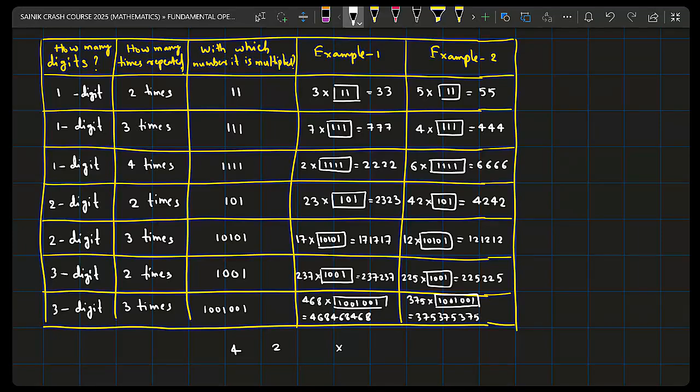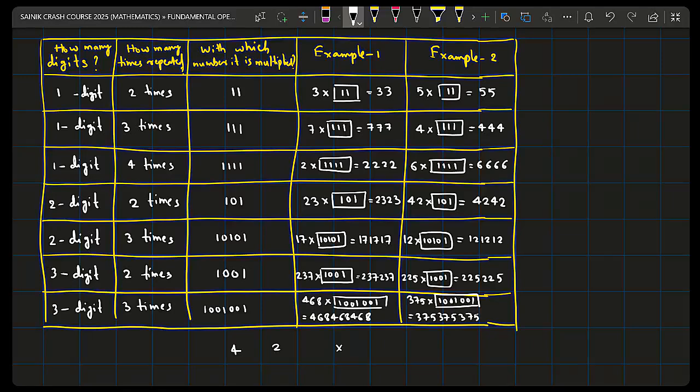Suppose I took a 4-digit number, 1234. I want the product 1234, 1234. With which number? Anvita, you can check again.